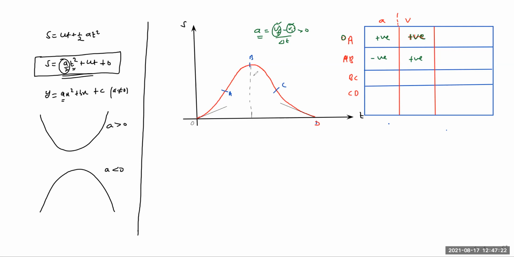V only refers to slope. So any tangent that you draw from A to B will have a positive sign. Is this clear? Yes. Okay.